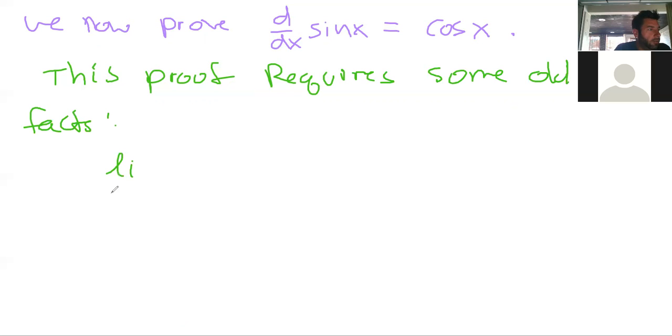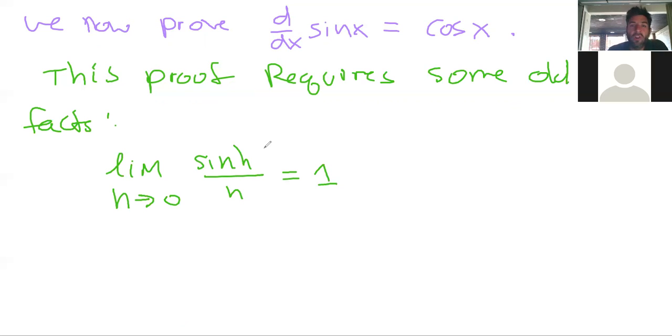The limit as h goes to 0 of the sine of h over h is equal to 1. If you remember, we spent almost a whole class deriving this. We used the squeeze theorem. We drew circles and triangles. We did some inequalities. It was a pretty complicated limit, but we got to the bottom of it. We were excited.